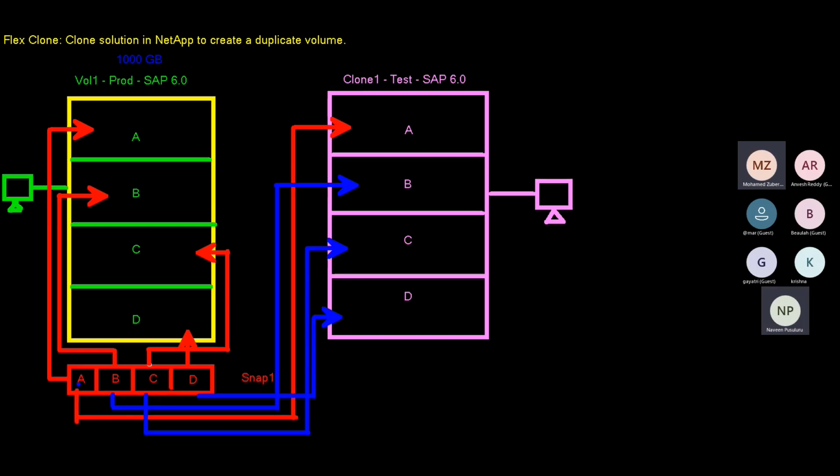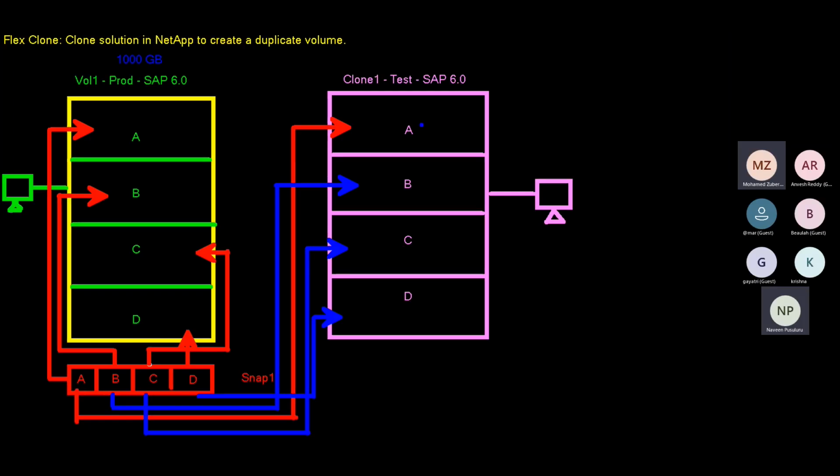Whatever the client is modifying, production volume will send those blocks to snapshot, and snapshot will store the blocks within it, and send those blocks to clone again. So when my clone and production volume are in relationship with each other with the help of snapshot, most of the time my clone contains images only. But for whatever data blocks are getting modified, it will get the actual data for those blocks only.